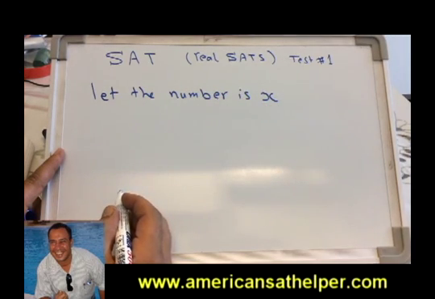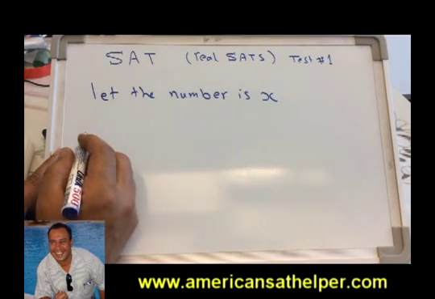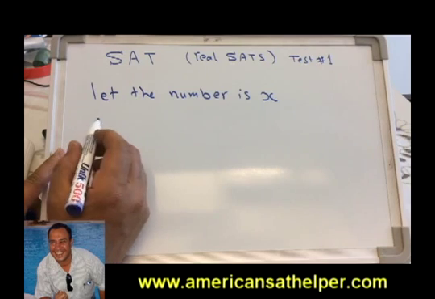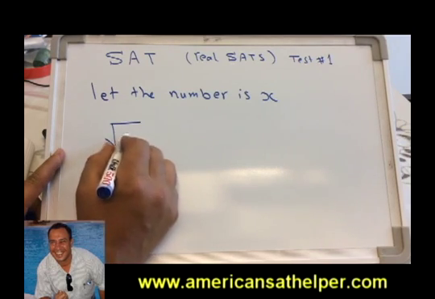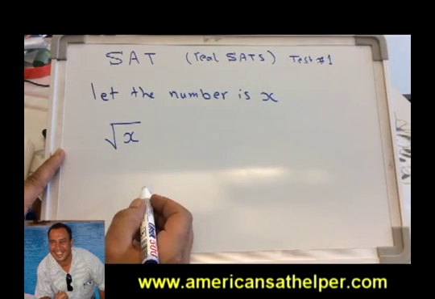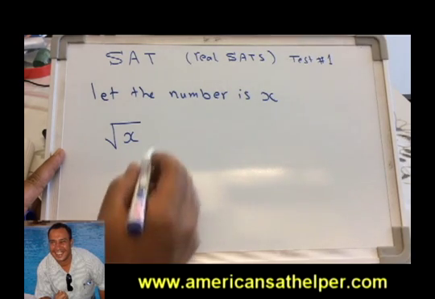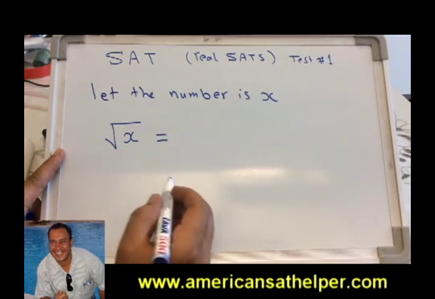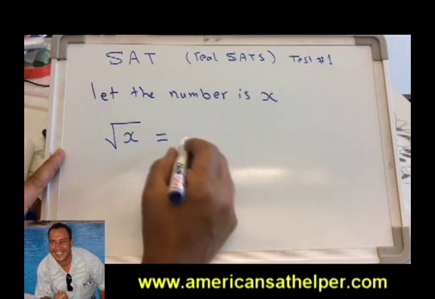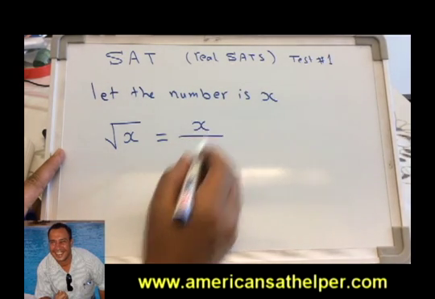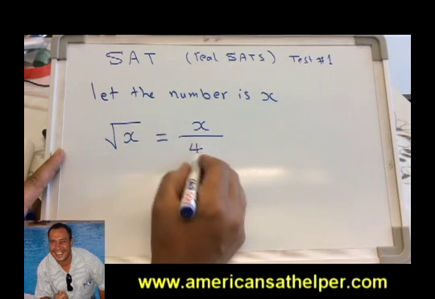The problem states the square root of the number, this means square root x, is the same as, it means equals, the number, which is x, divided by 40.